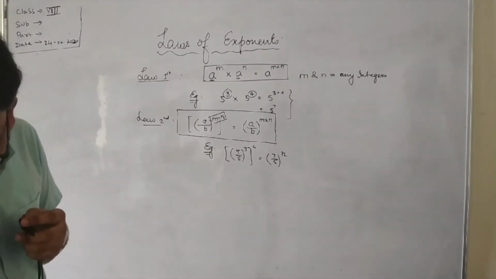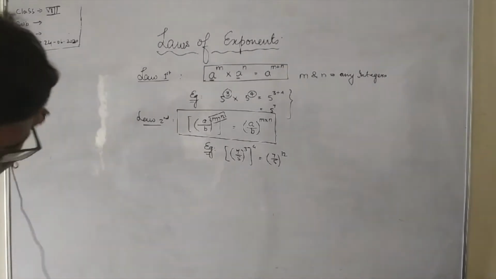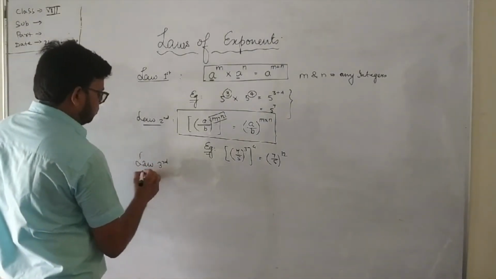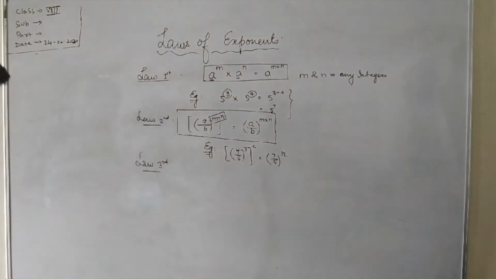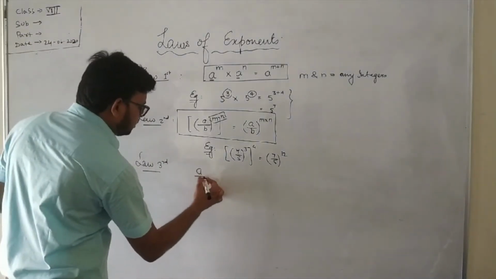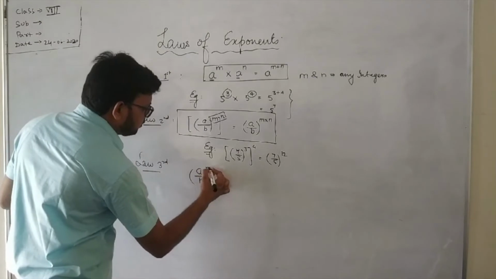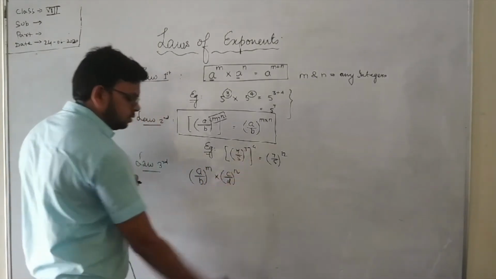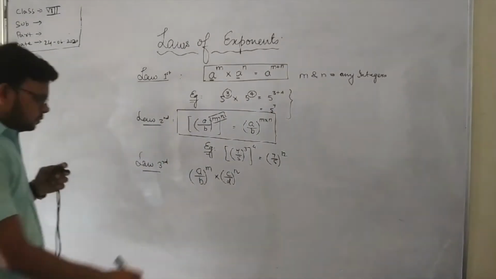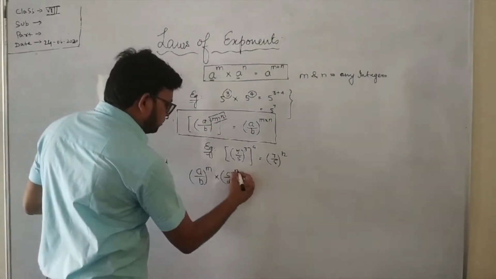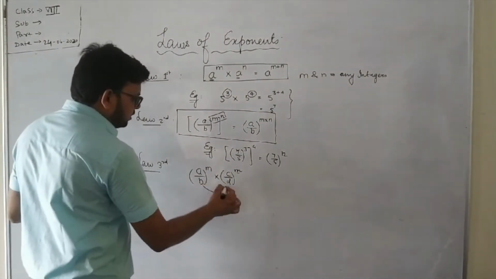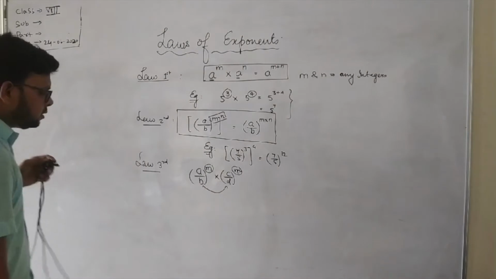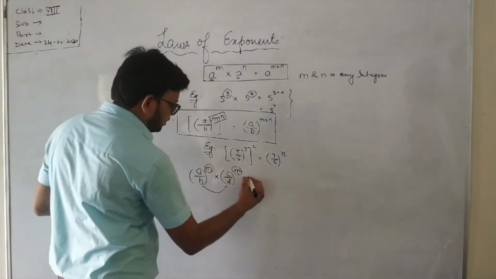Now, what does the third law say? Everyone note it down once, we will do questions on it. If (a by b to the power n) into (c by d to the power n), if the bases are different but the power is the same, we can take the power as common.